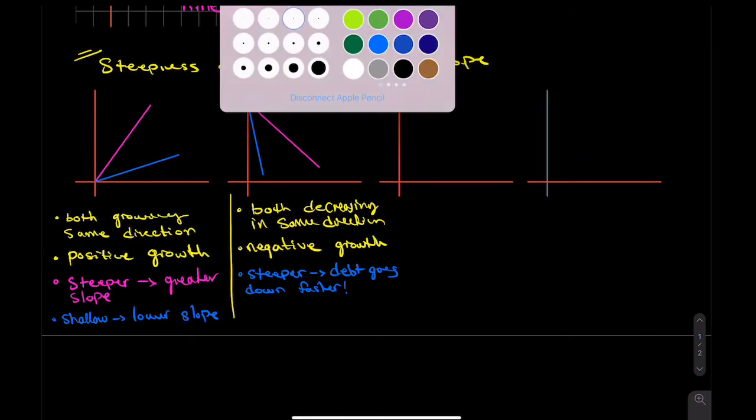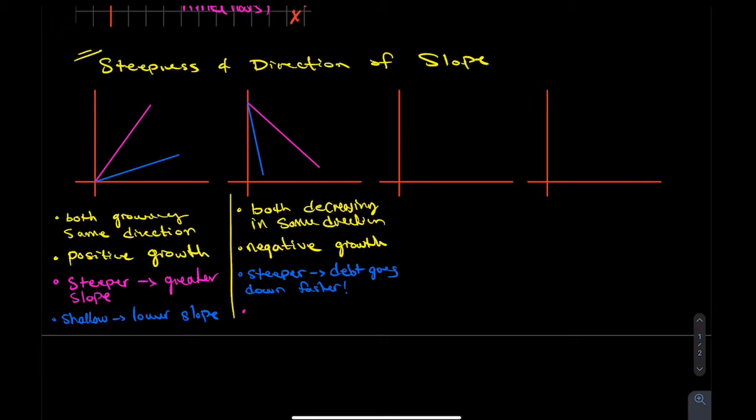And our pink has the more shallow slope: debt goes down longer. Right? So there's that one that we can look at.